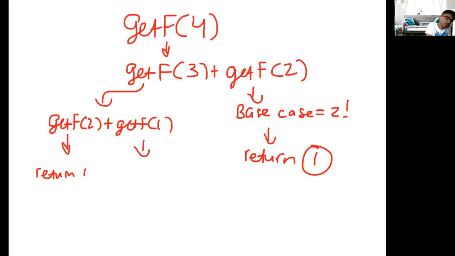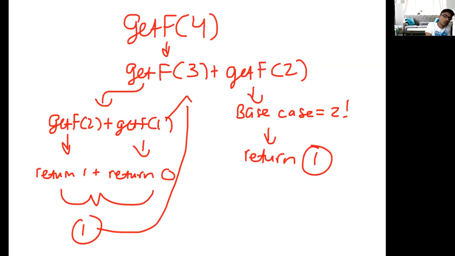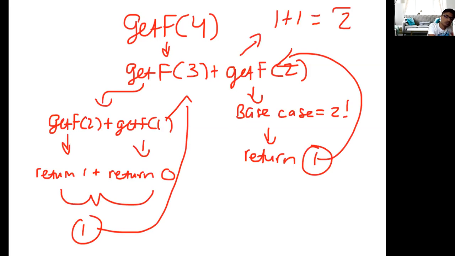And our base case for 1 is going to return the number 0. Now the sum of 1 plus 0 is 1. And then if we take these numbers back all the way over here, we get 1. Draw an arrow right there, 1 plus 1, which evaluates to 2.